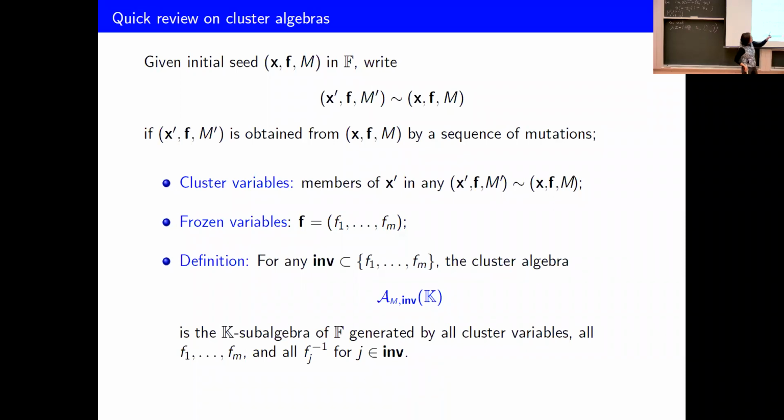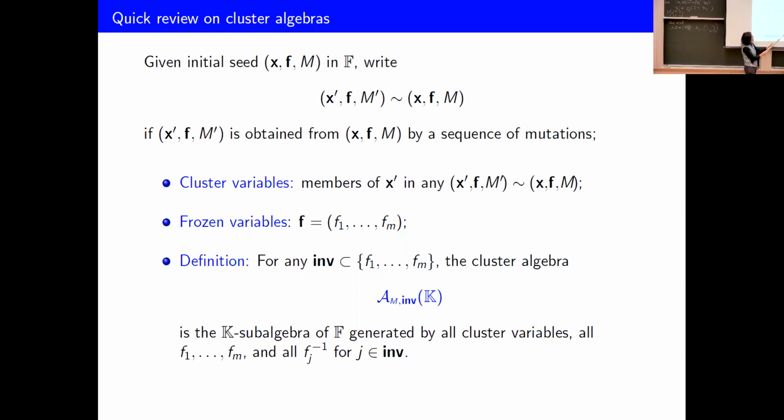When you define a cluster algebra, in general people don't talk about this part. For me, because there's geometry behind, how do I define a cluster algebra? It's a subalgebra of the ambient field generated by all the cluster variables you have produced by mutation and all the frozen variables.